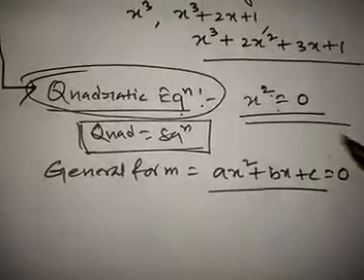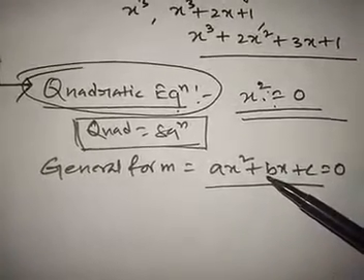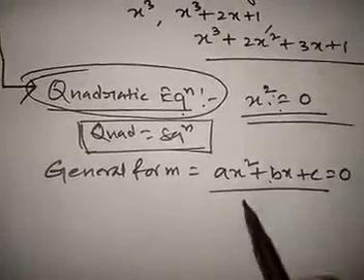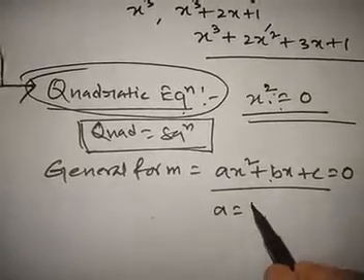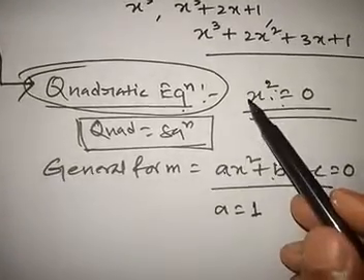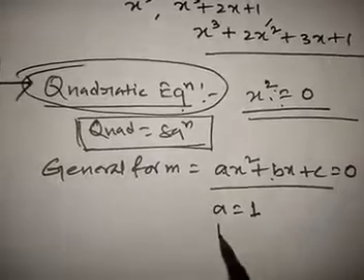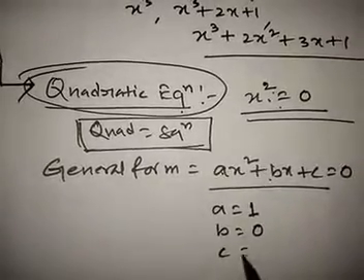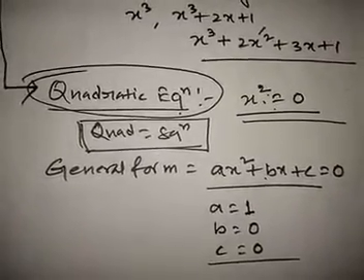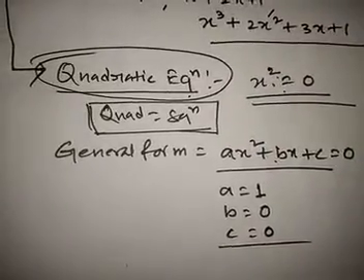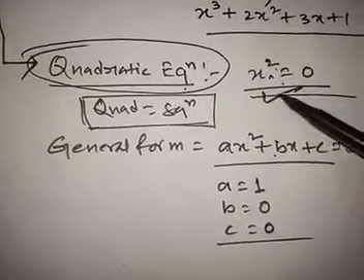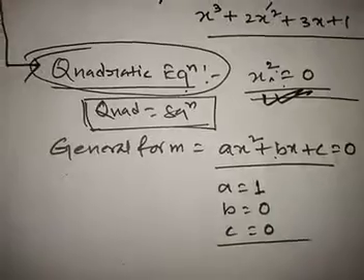If we represent this one in this form, then you can say that your a is equal to 1, then your b will be equal to 0 and c also will be equal to 0. This is the only difference. That means this is also a quadratic equation.